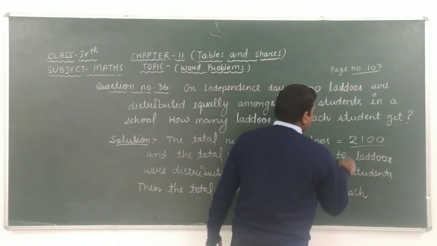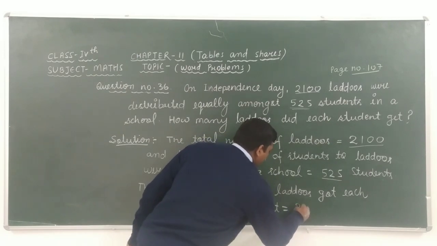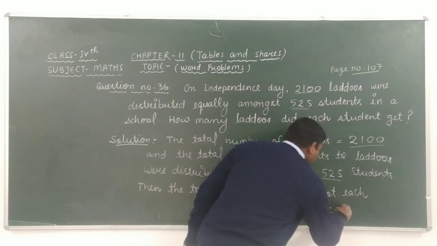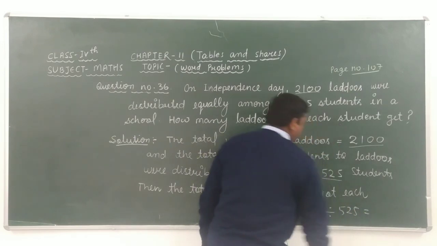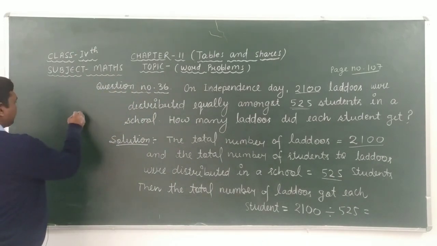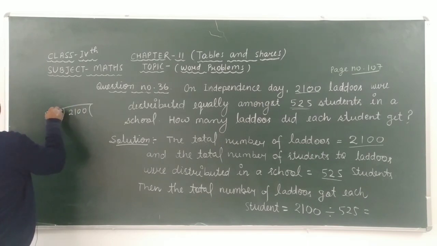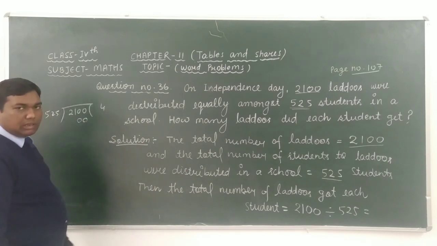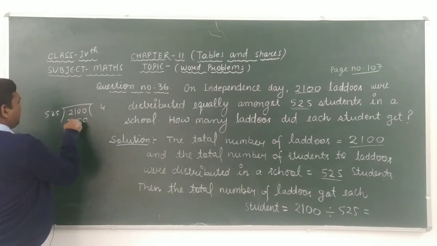If we take the division of 2100 by 525, then we get the answer of this question. Here we have to divide 2100 by 525. 525 times 4: 4 fives are 20, write 0 carry 2, 4 twos are 8 plus 2 is 10, carry 1, 4 fives are 20 plus 1 is 21.